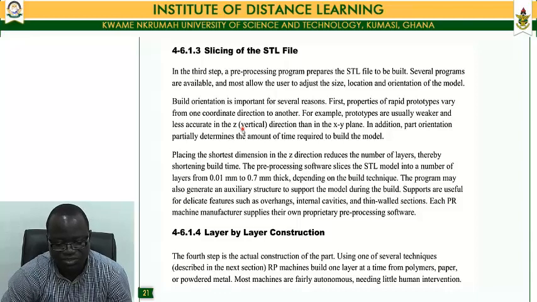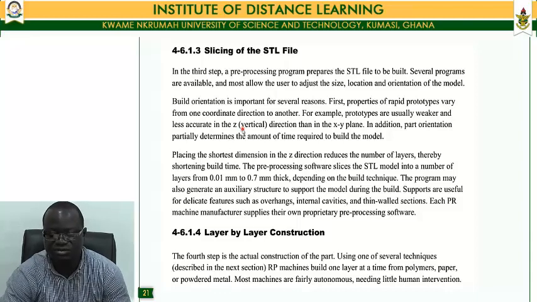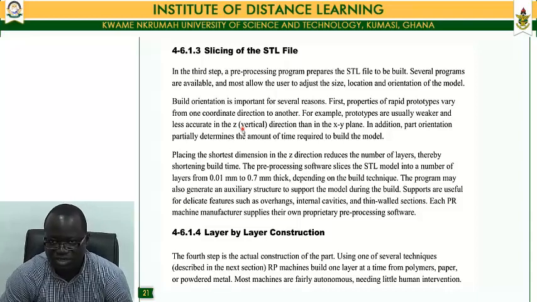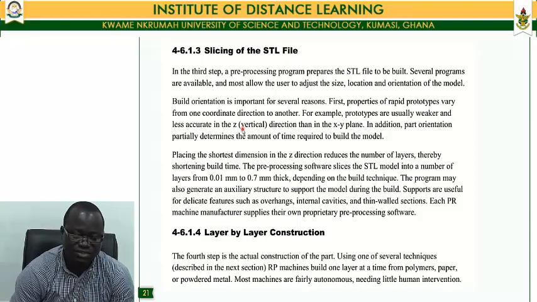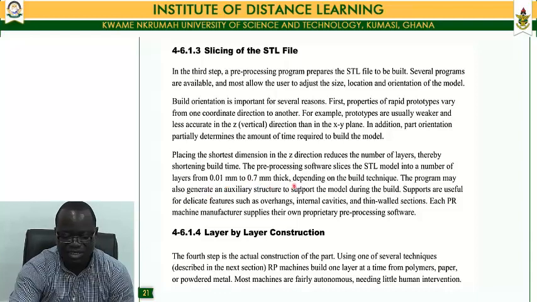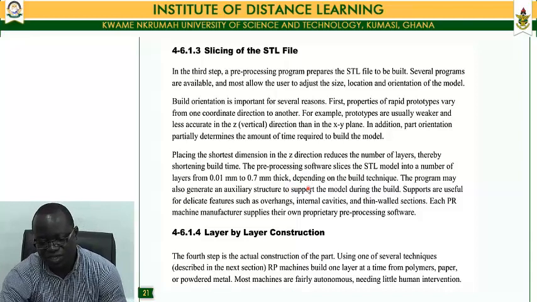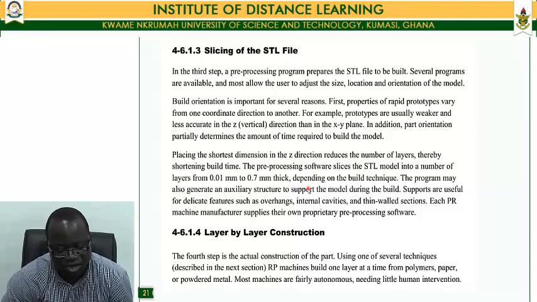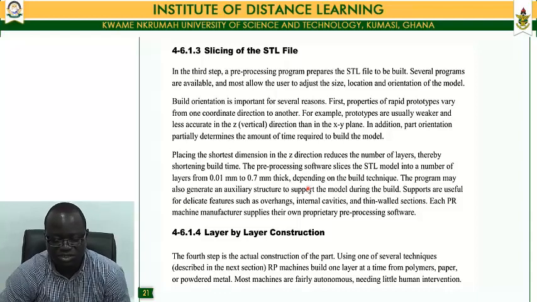Now, the pre-processing software slices the STL into a number of layers. Now, these are very thin layers, in the order of 0.01 of a millimeter to 0.7 millimeter thick, depending on the build technique. And the program may also generate some auxiliary structure to support the model during the build.